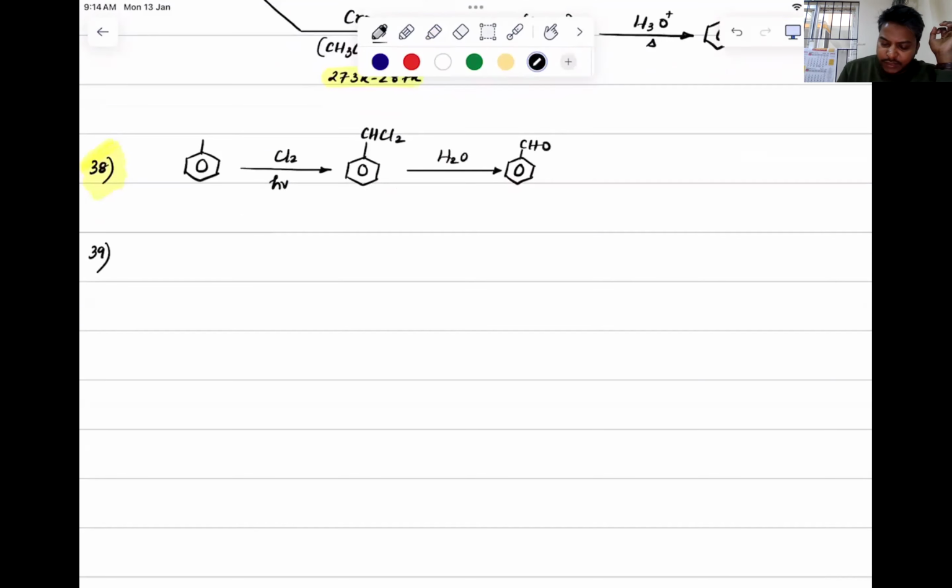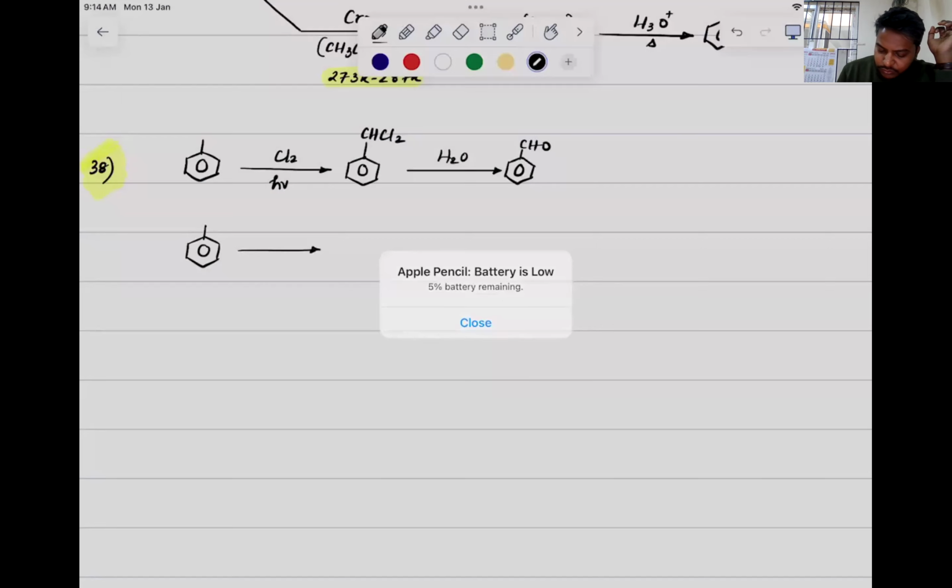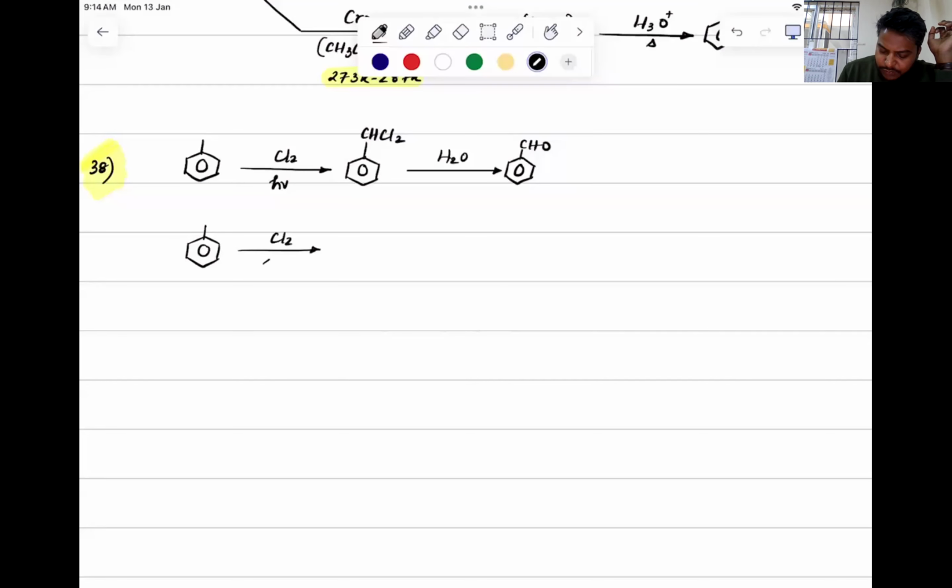Right. In that same line, suppose if it is being clearly mentioned like this, Cl2 in the presence of H nu, excess is mentioned, then you will first only go up to CCl3 here, then follow it by either NaOH in the presence of H2O, that will give us acid.